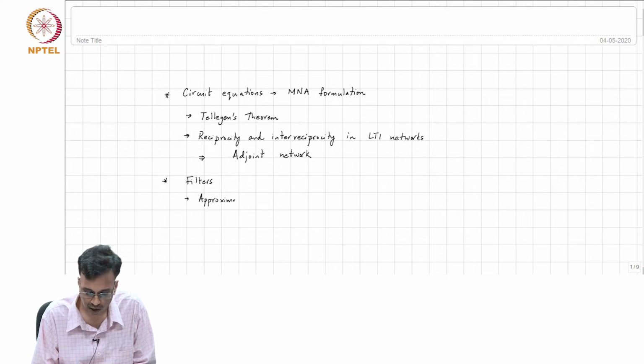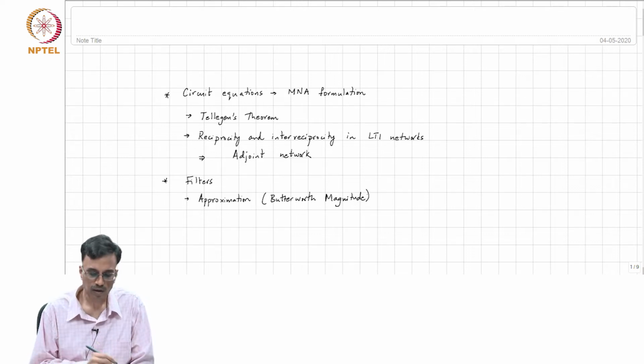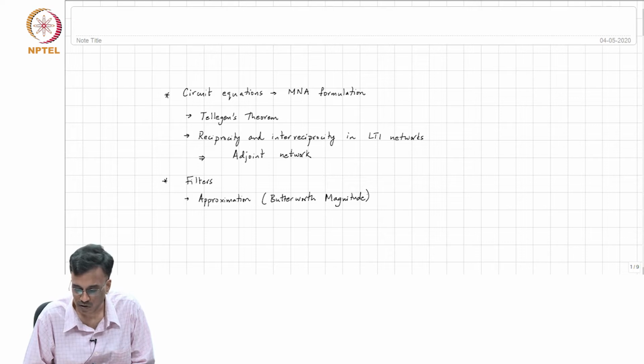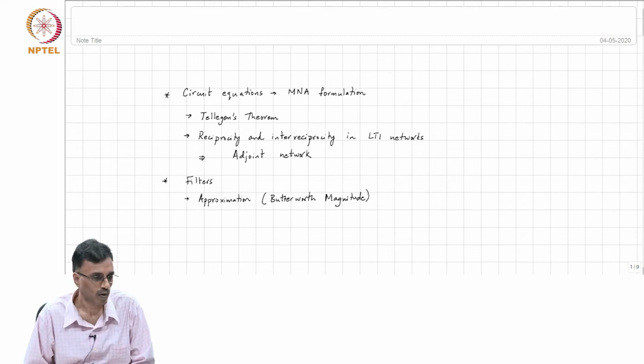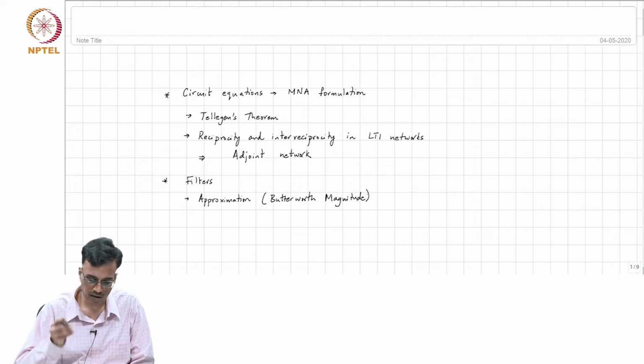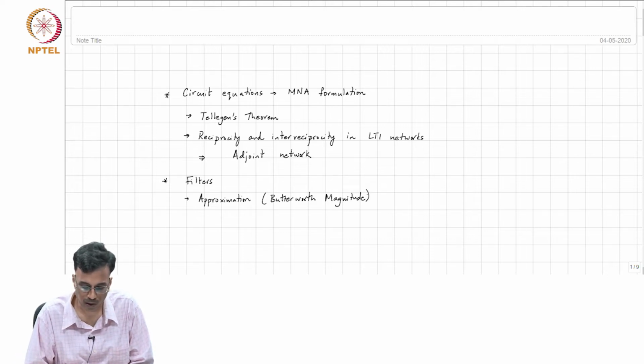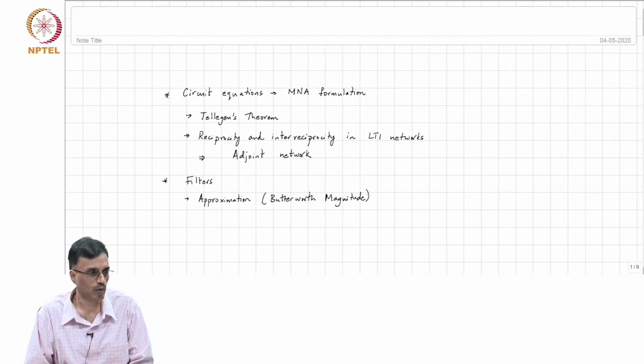We were exposed to one flavor of approximation, the Butterworth magnitude approximation. We saw the intuition behind why a high order filter which tries to approximate a brick wall response needs poles with higher and higher quality factor, right.